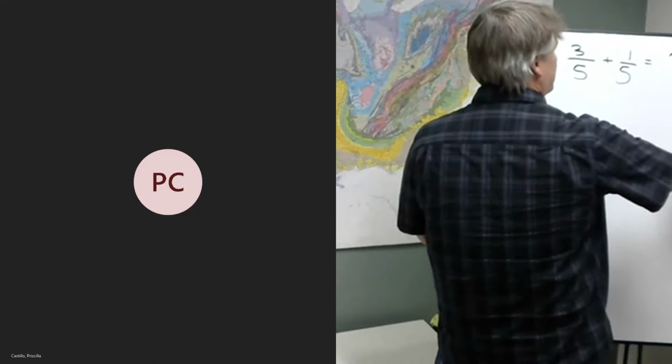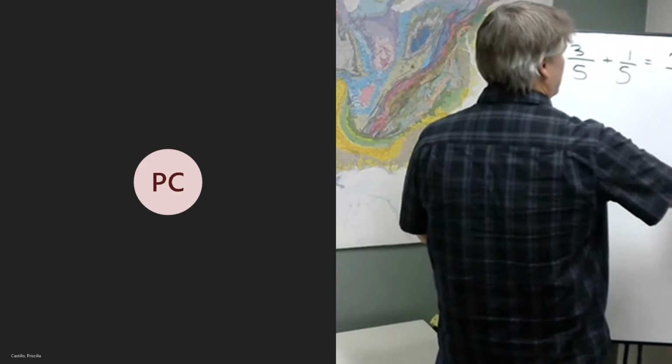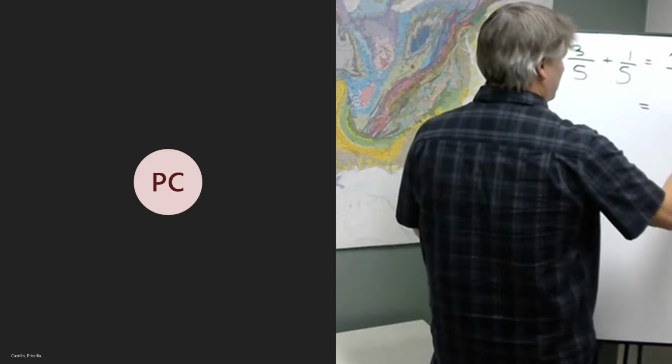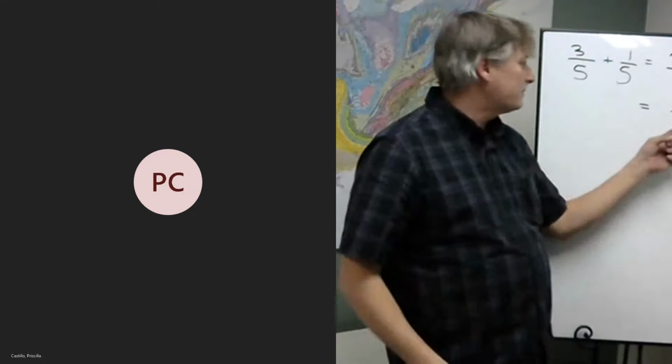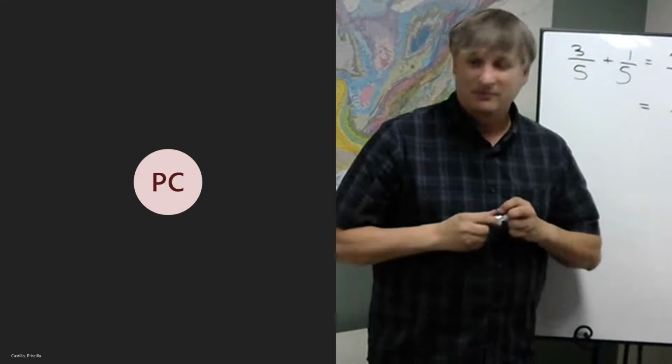We're going to add the numerators. And we're going to get 4/5. We keep that common denominator.